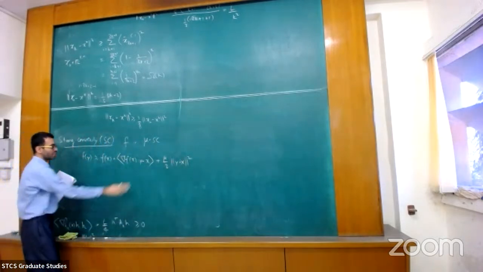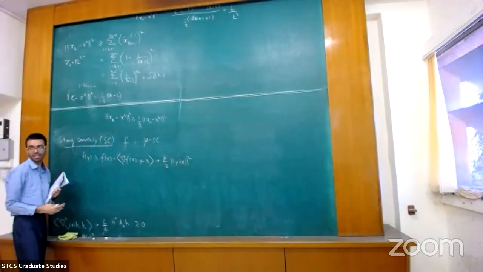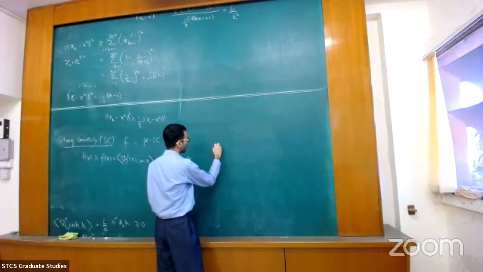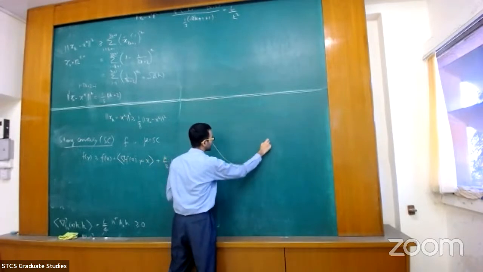Notice that if mu equals 0, then it is just convexity. Let me draw a picture to illustrate this. Let's say you have some function like this.